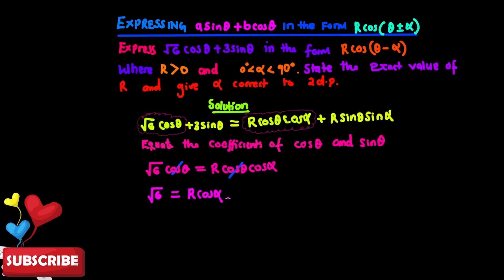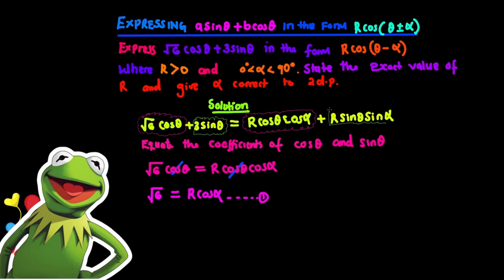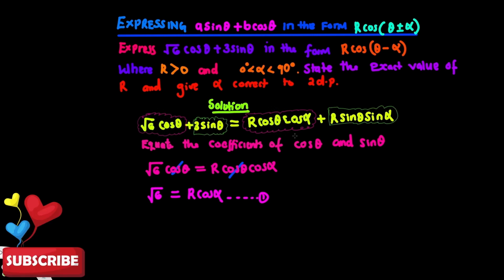So we are going to remain with root 6 equals r cos alpha, which is our equation 1. Then the second part here and this one are also going to be equated so that we can form the second equation. And then we can now cancel sine theta out.